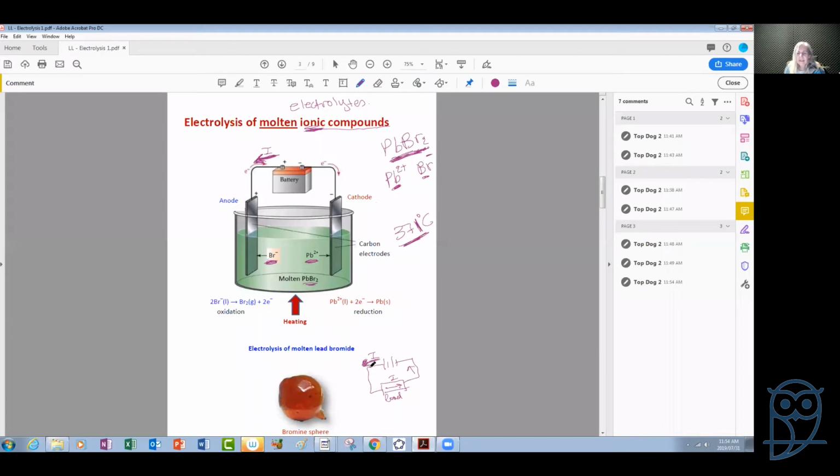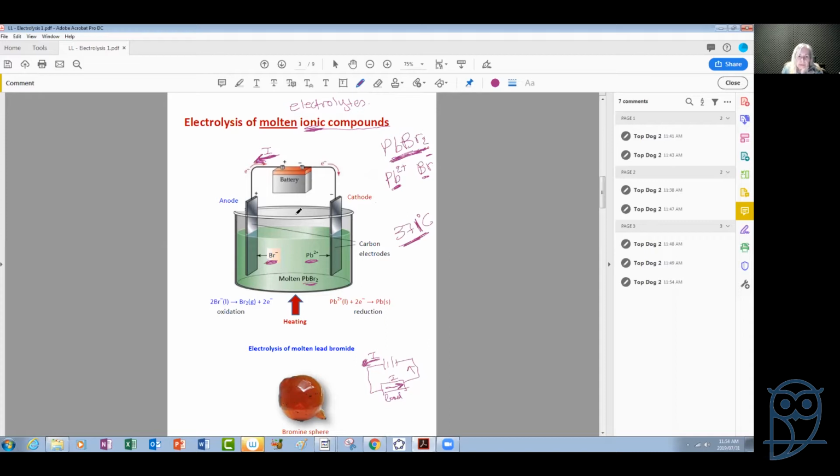So we just need to understand this as a normal electric circuit where the load is the electrolytic cell. And flow of charge takes place. It's just that the flow of charge is positive to one side and negative ions to the other side, making up the total current. All right.